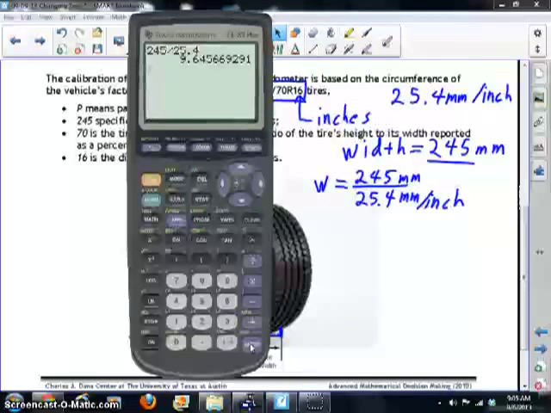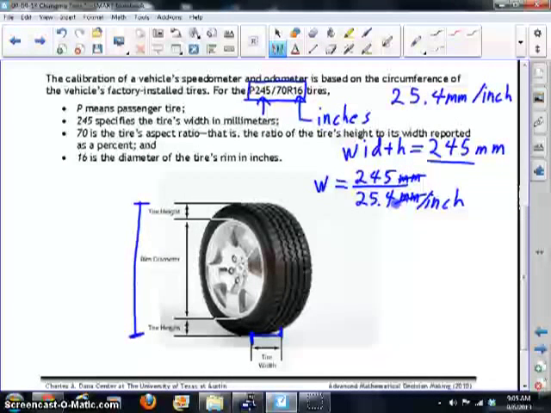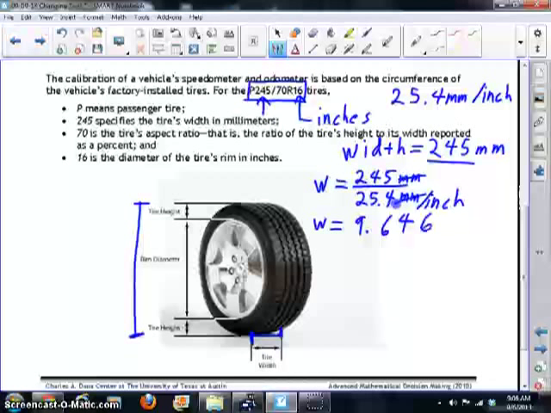The good thing is that the millimeters will cancel out. So that comes out to approximately 9.64 inches. We're going to round to the nearest hundredths.